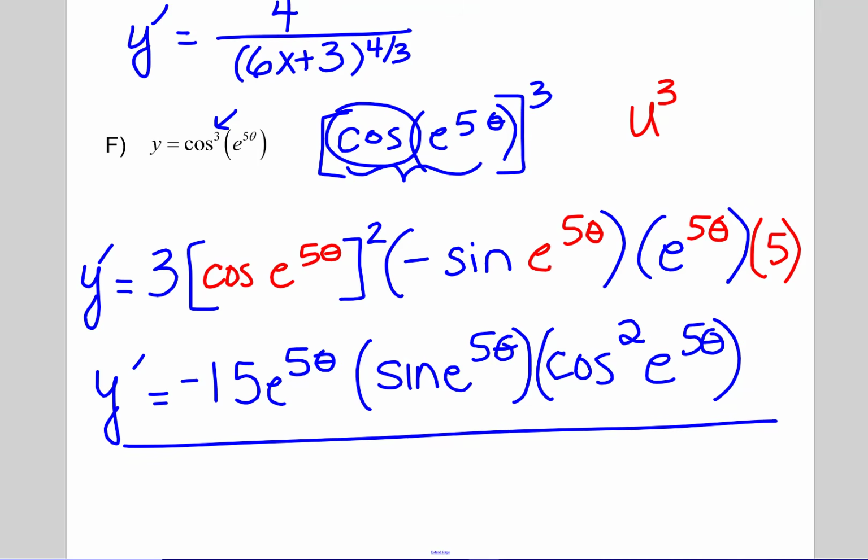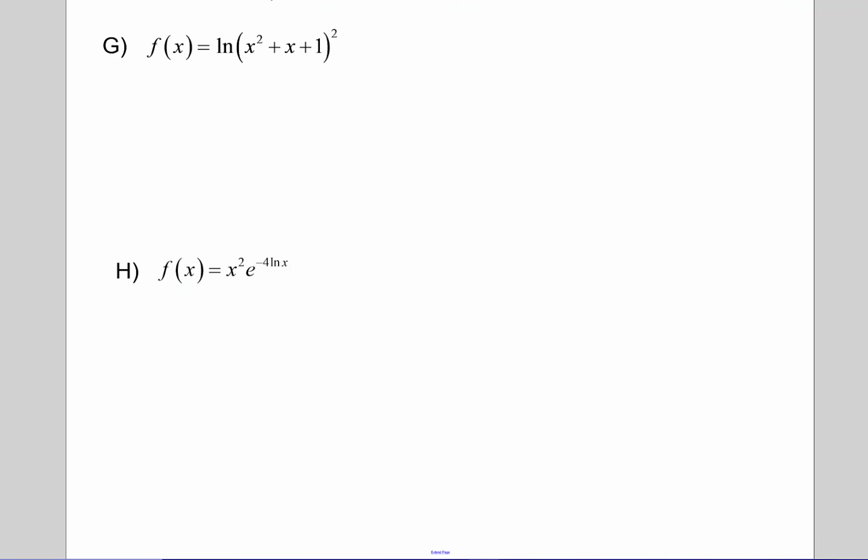Okay, let's see. Is this one a little more complicated? Letter G? No, this is pretty straightforward. So we could use properties of exponents on logs and pull that 2 in the front and have 2 natural log of x squared plus x plus 1.